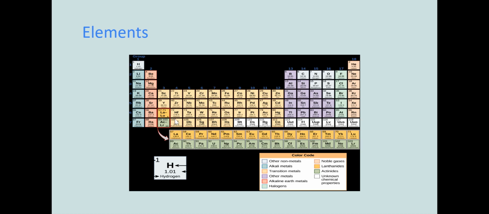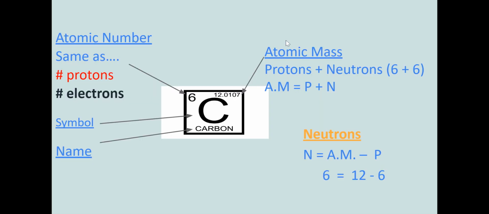These elements down here that don't have a decimal, that's for a different reason that we can talk about in class. But anytime you see a decimal or brackets around the number, that means it's the atomic mass. Sometimes it's shown in the upper right-hand corner, but it can also go right underneath the symbol, in between the symbol and the name.